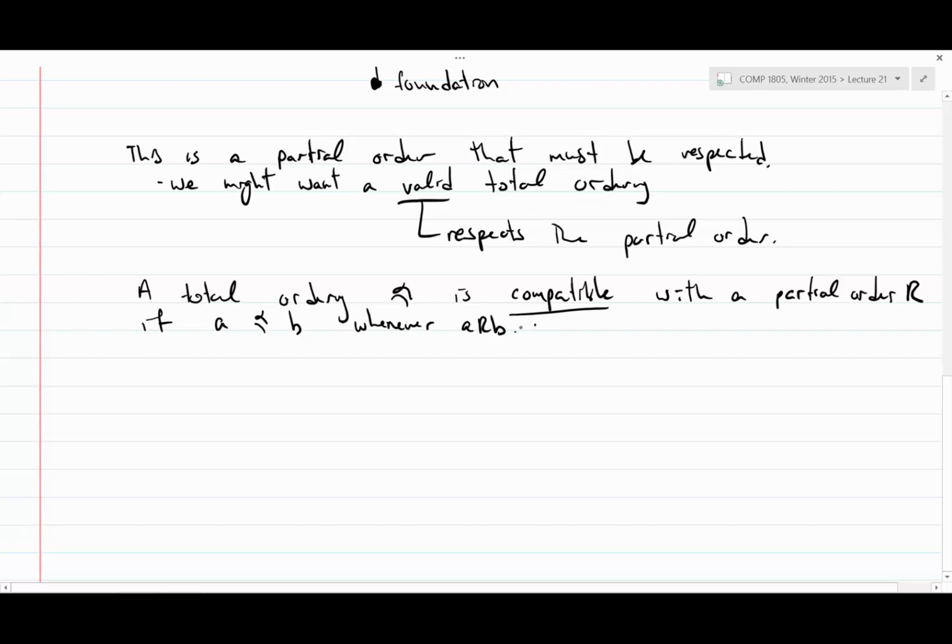So that's what it means to respect the partial order. Is it clear what I'm trying to do?